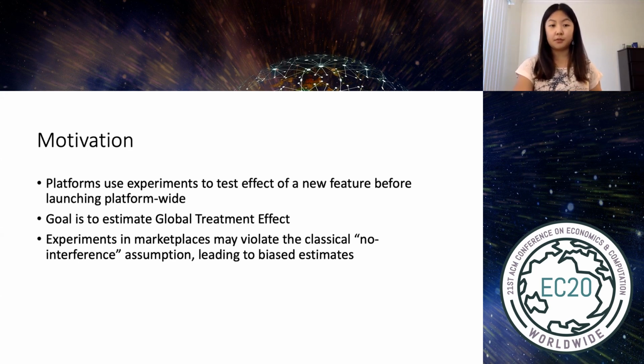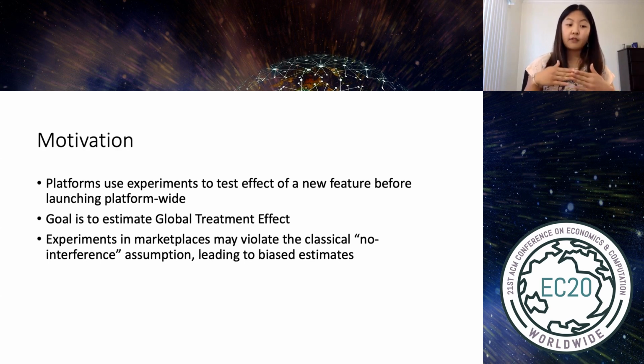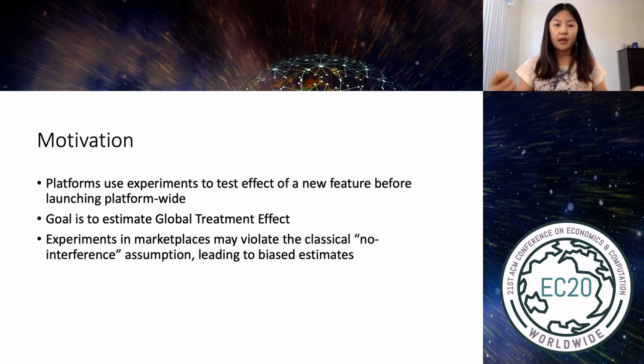It's not always so simple here. And this is because a lot of experiments in marketplaces may violate a classical no interference assumption. This is the assumption that whatever treatment assignment you give to one individual doesn't affect the behavior of another individual. And when this assumption is violated, this can lead to biased estimates.